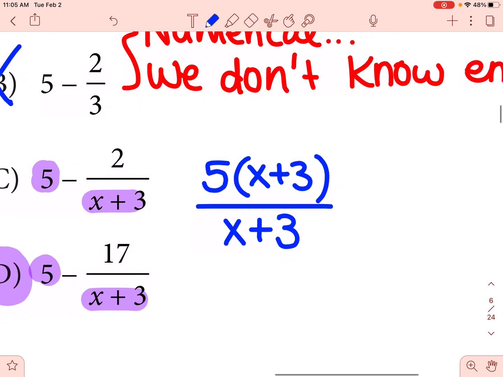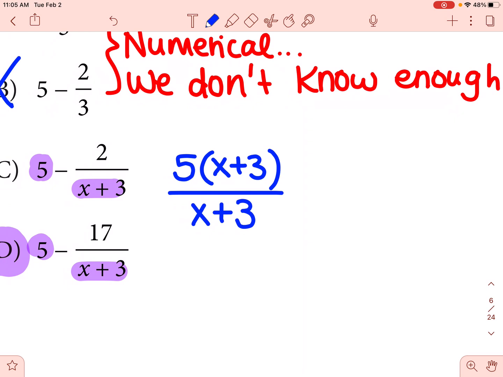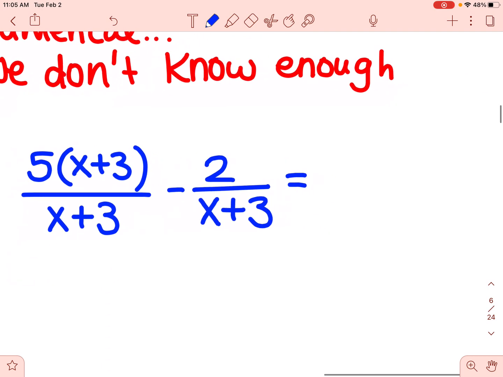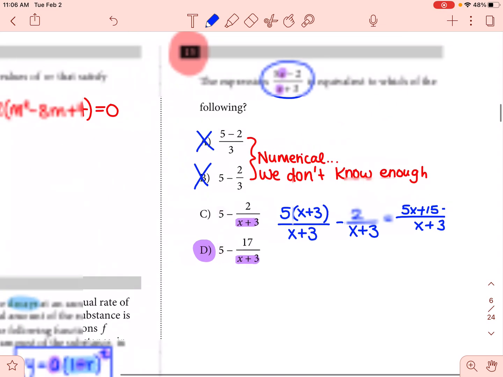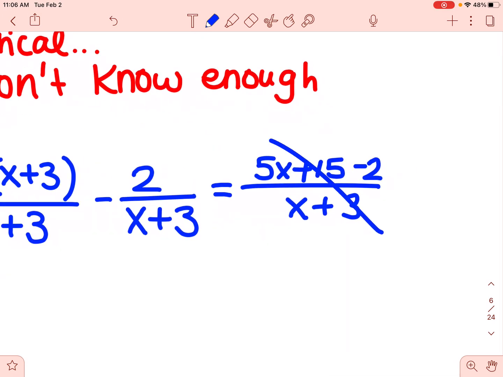I'm just going to multiply the 5 by x plus 3 over x plus 3. And then I'll have a common denominator, right? So simplifying this first one, answer choice C, I get a 5x plus 15 and then minus 2 all over x plus 3. 15 minus 2 is 13, so it's not this one.